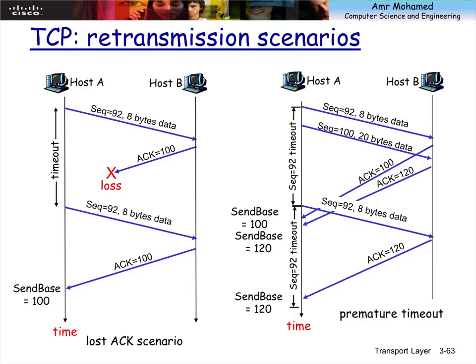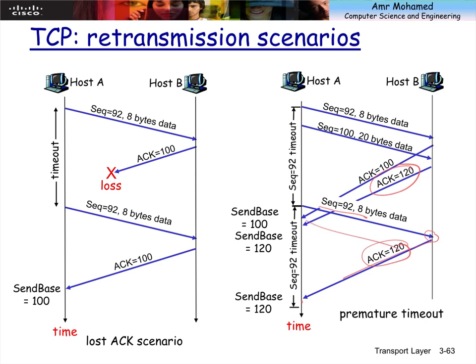When the receiver receives this one, it has been received before, so it will send an acknowledgement for the last successfully received segment, which for the sender is a cumulative acknowledgement.